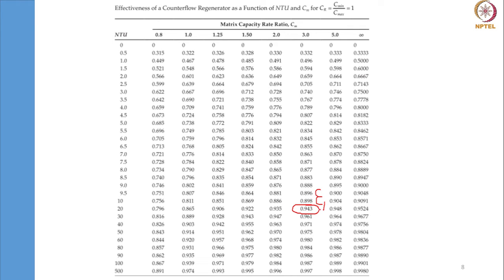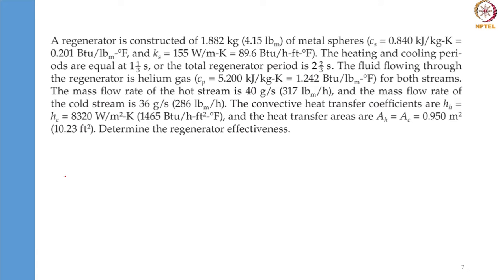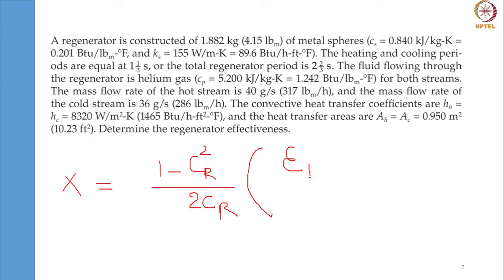I name this effectiveness epsilon 1 and find a parameter called x. So x is defined as (1 minus CR) whole squared by 2 times CR, into epsilon 1 by 1 minus epsilon 1.